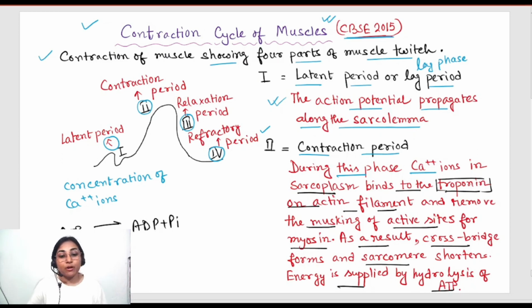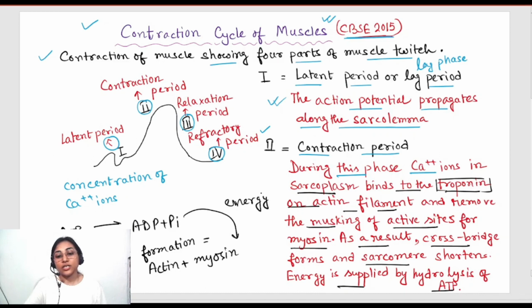Cross bridge formation means actin-myosin binding, and the energy is supplied by the hydrolysis of ATP.